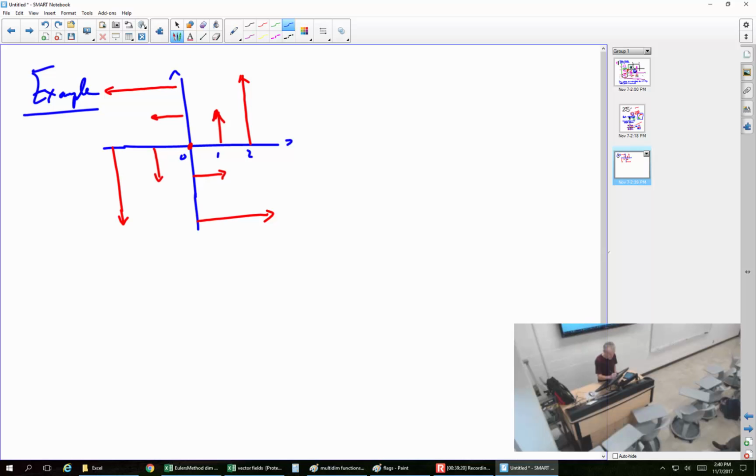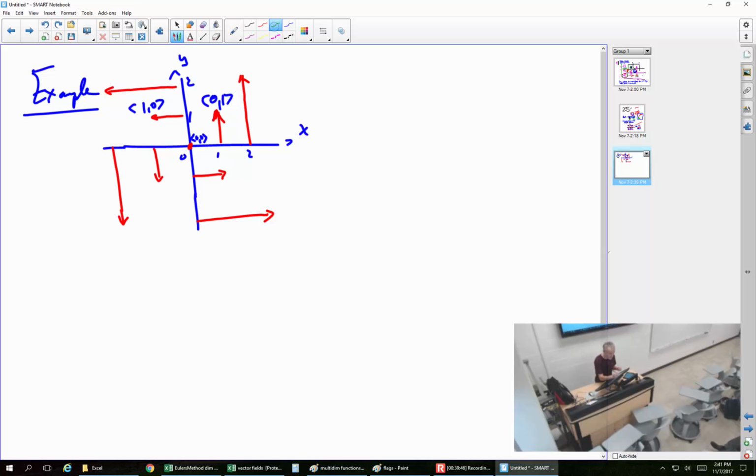So this is 0, 1, 2, 1, 2, 1. So you can certainly mark what they are. For example, this is 0, 0, 0, and this one is 0, 1, right? And this is 1, 0. So looking at just these two, 0, 1 and 1, 0.